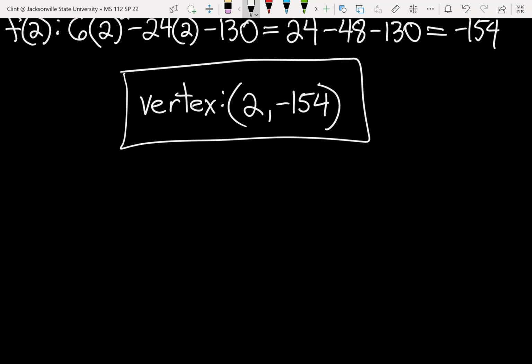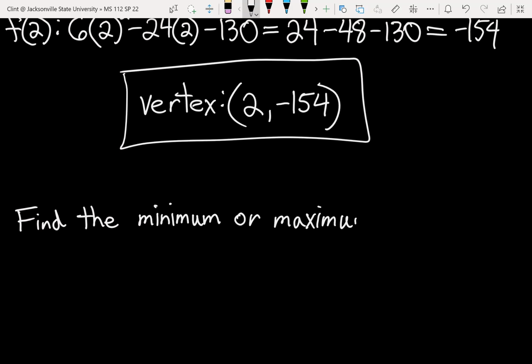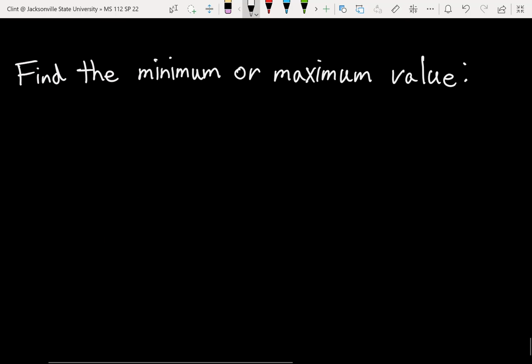Okay. All right. So one more. It can be worded a little different. So this one says find the minimum or maximum value.